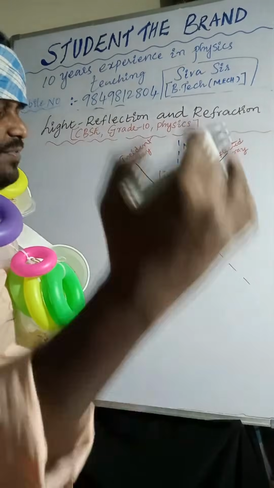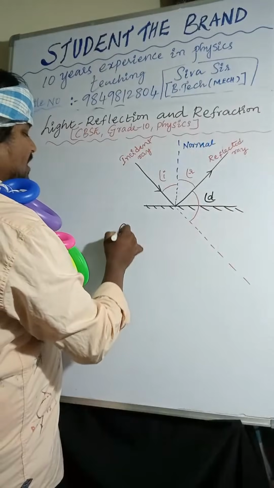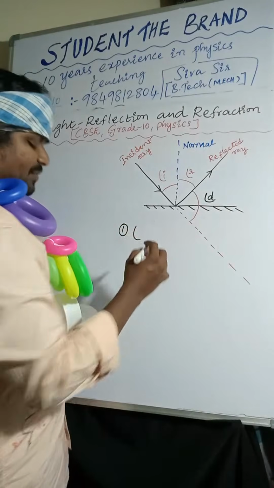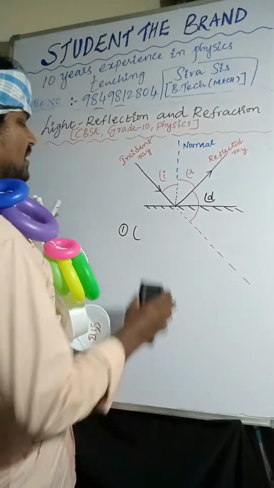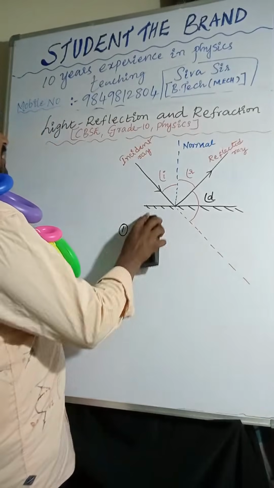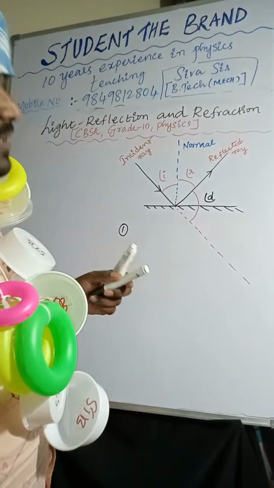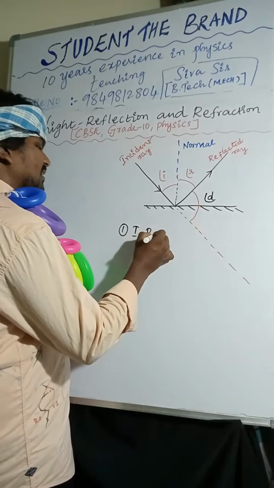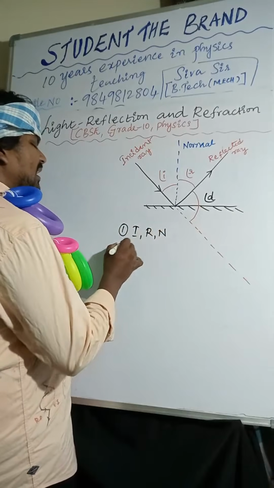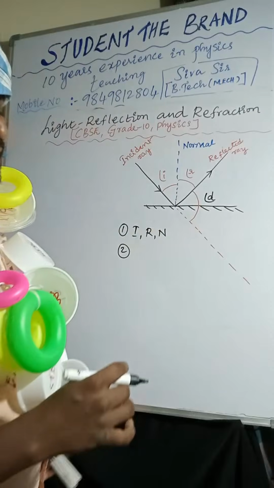From the laws of reflection: the incident ray, reflected ray and normal line lie in the same plane.